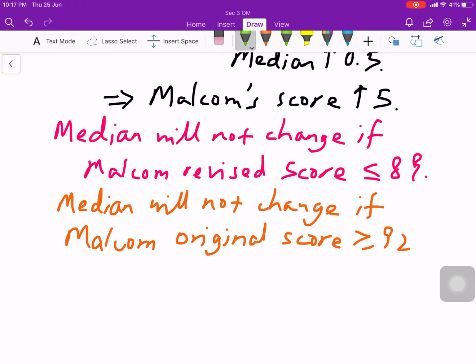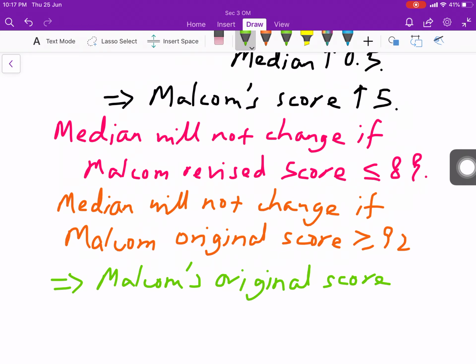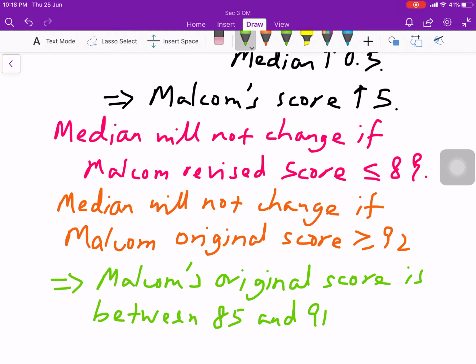This implies Malcolm's original score must be between 85 and 91, 91 inclusive.